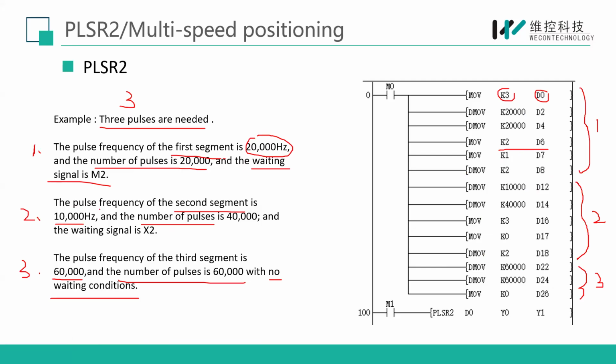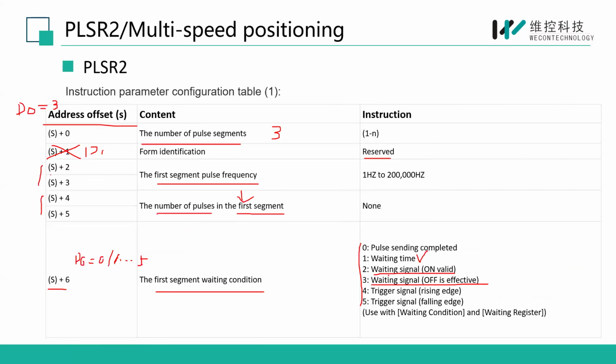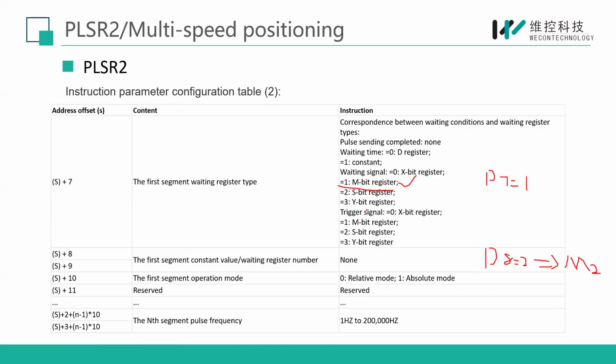And the second segment, we need to set the waiting signal as X2. Okay, feedback. First, we need to choose the waiting signal, 2 or 3. For example, if I choose the waiting signal 3, it means the off is effective. And then I need to set the X register.